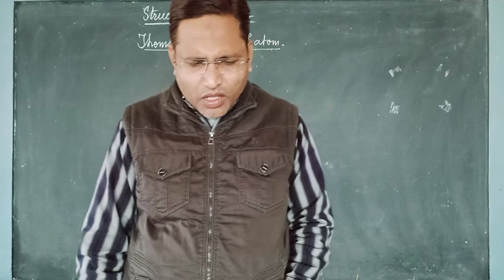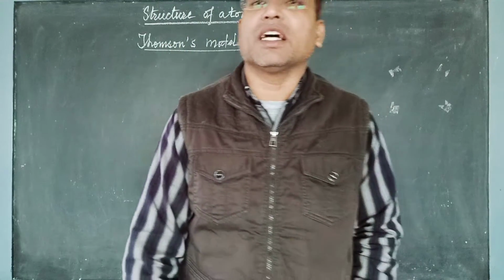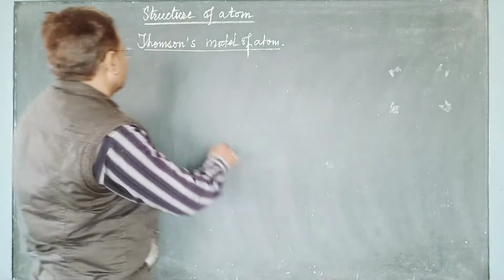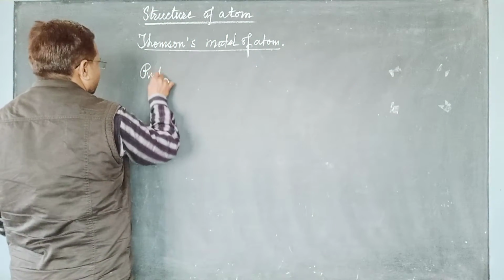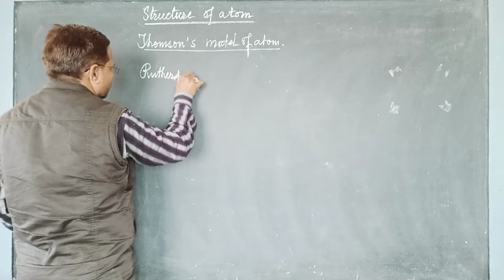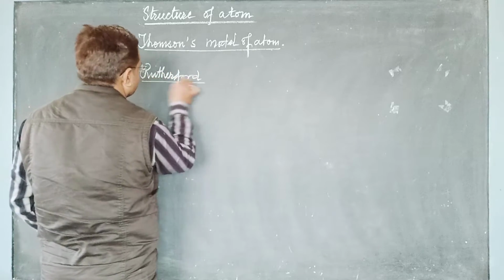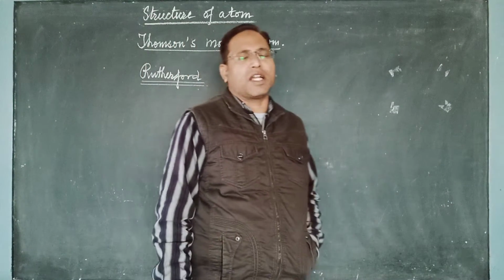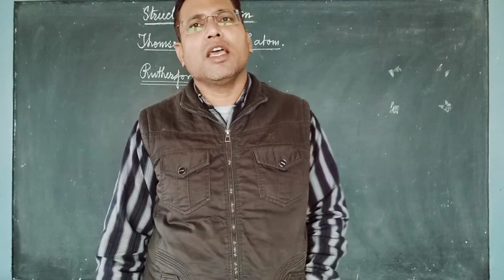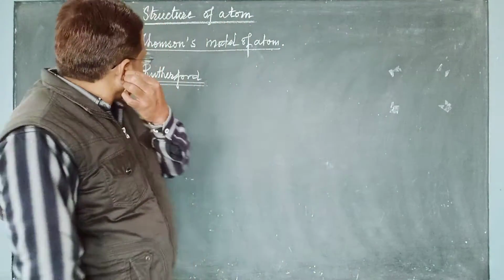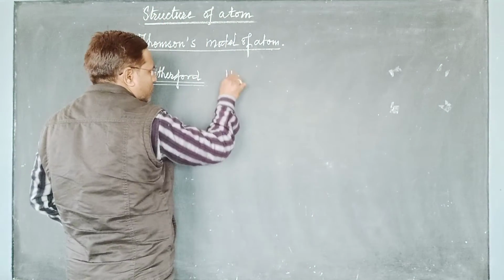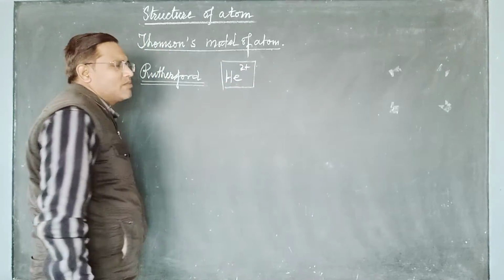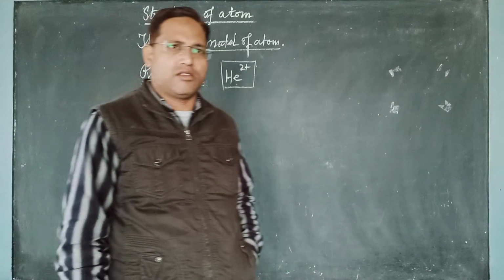Next we have the alpha particle scattering experiment given by Rutherford. What he did, he took alpha particles. What are alpha particles? Helium 2+ ions, not atoms, ions. The helium 2+ ions we call the alpha particles.